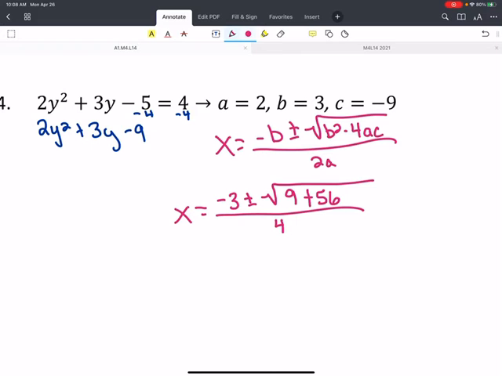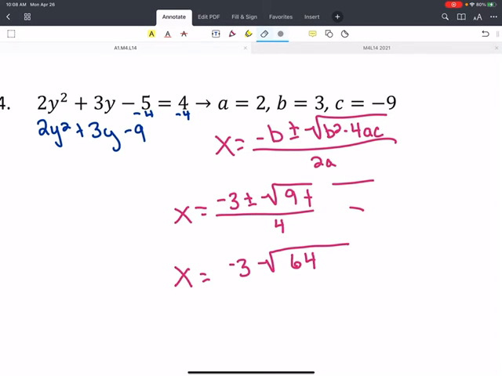And this one's going to turn out rather nicely because 9 plus 56 is not 64. I made a calculation error somewhere. Let's see. So 4 times 2 is 8. 8 times, aha. Did you see my mistake here?